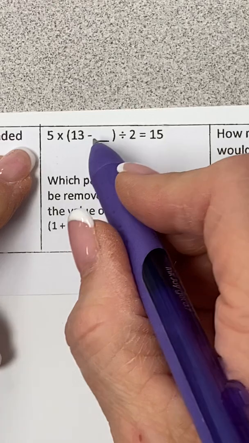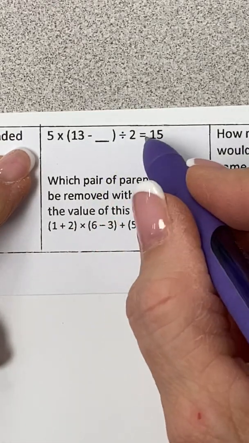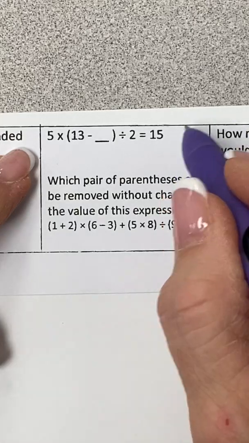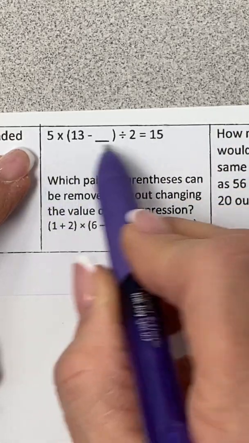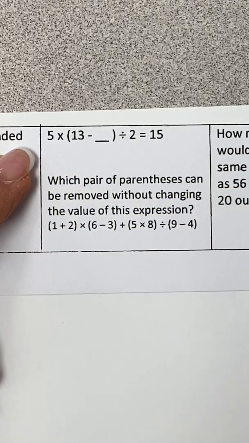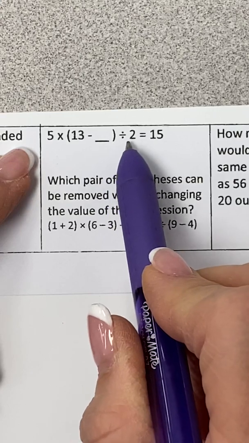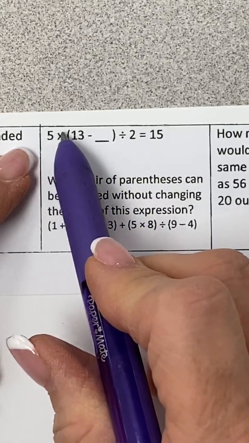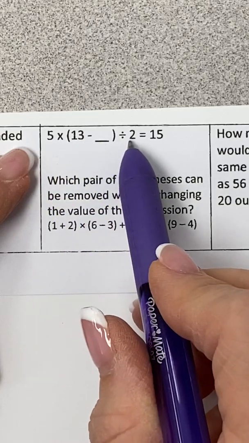Next one over. 5 times, and this is 13 minus a number, close parentheses, divided by 2 equals 15. So we have to figure out what we could do in here to equal 15 on this side, the same as this side. Whatever I put in here has to be split into half to equal 15.